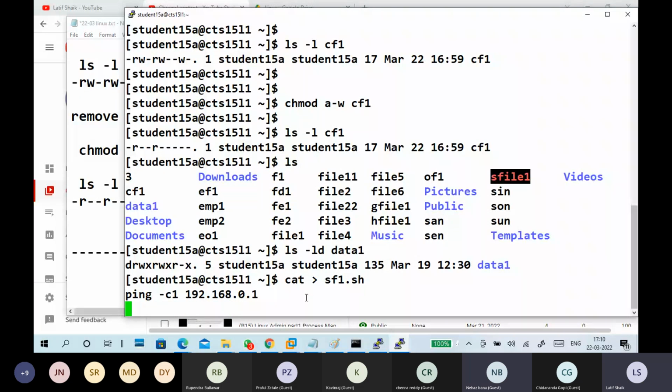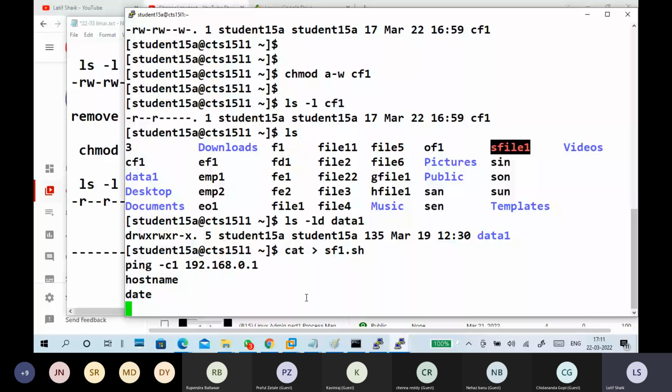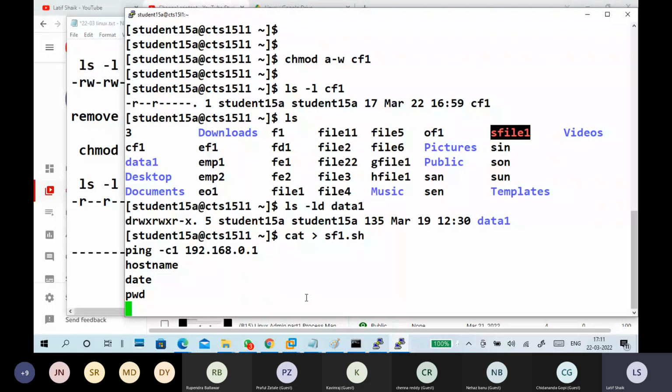So I'm giving executable commands inside. Ping command, then hostname, date command. If I run this file, these things will execute on my screen. Then pwd. So four commands I gave, Ctrl+D.